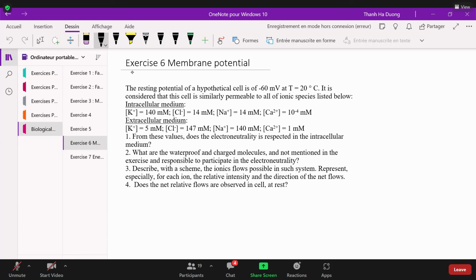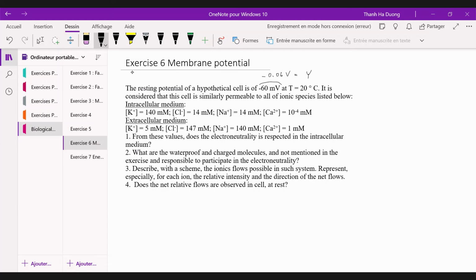And for the chloride, it will be -1. Be careful of this, it will be minus 0.006 volt. It corresponds to the potential of inside minus outside, okay? Because inside it's always negative.